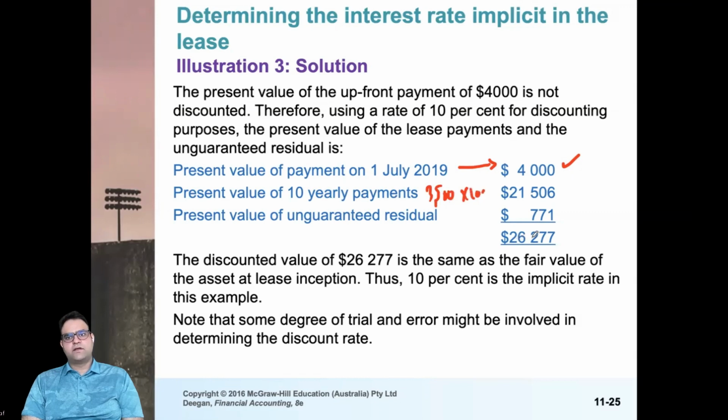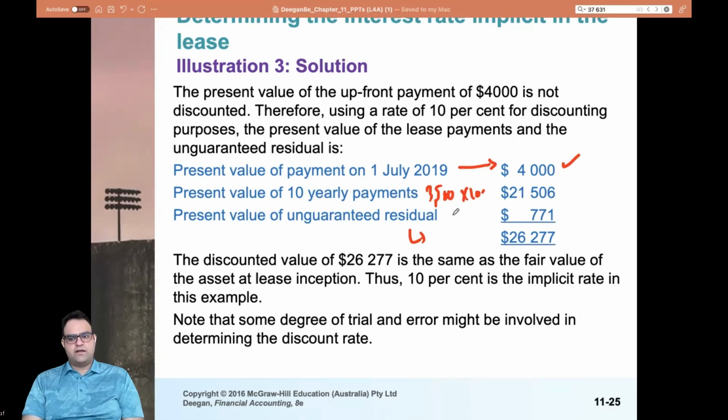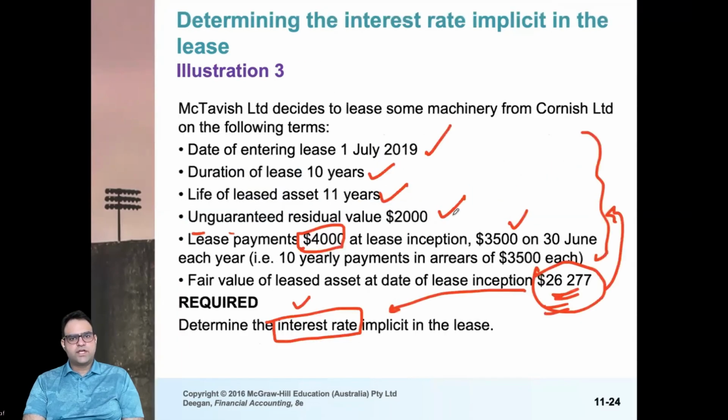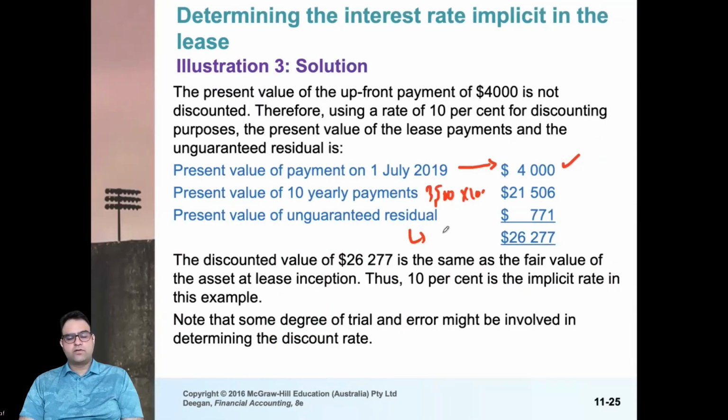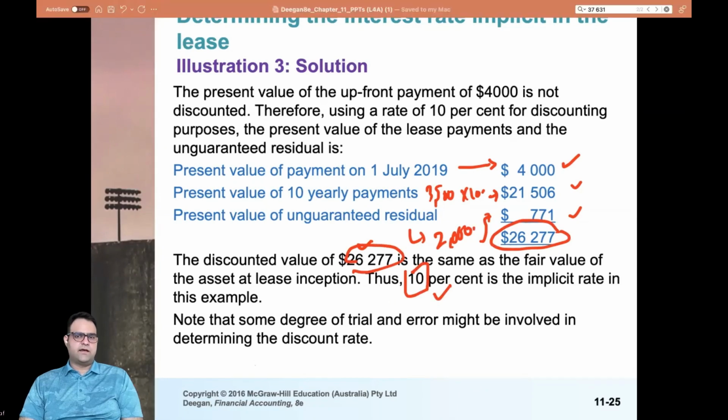And after the 10 years, we pay the unguaranteed residual value, which is 2,000. We take the present value of these and discount them. If our value matches the value given here, then we have discounted at the rate of 10%, so 10% is the rate of return, or the interest rate.